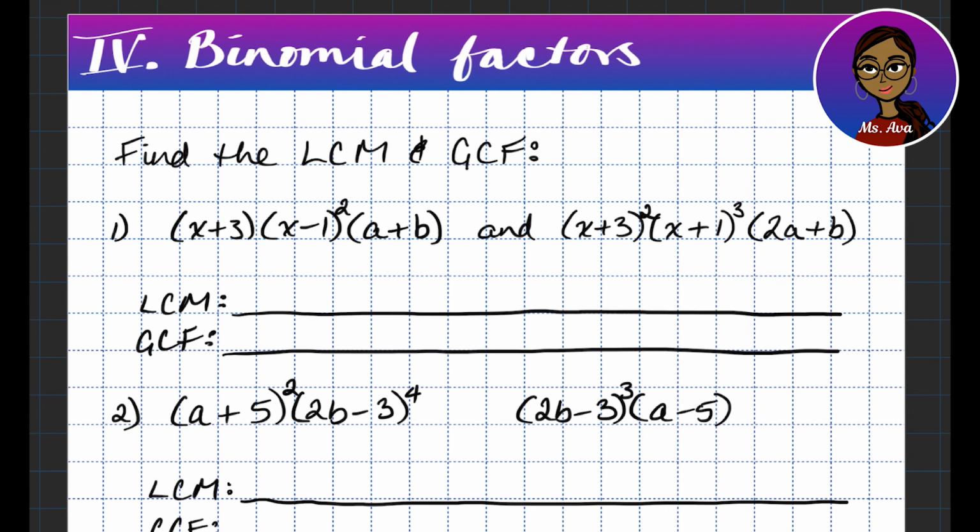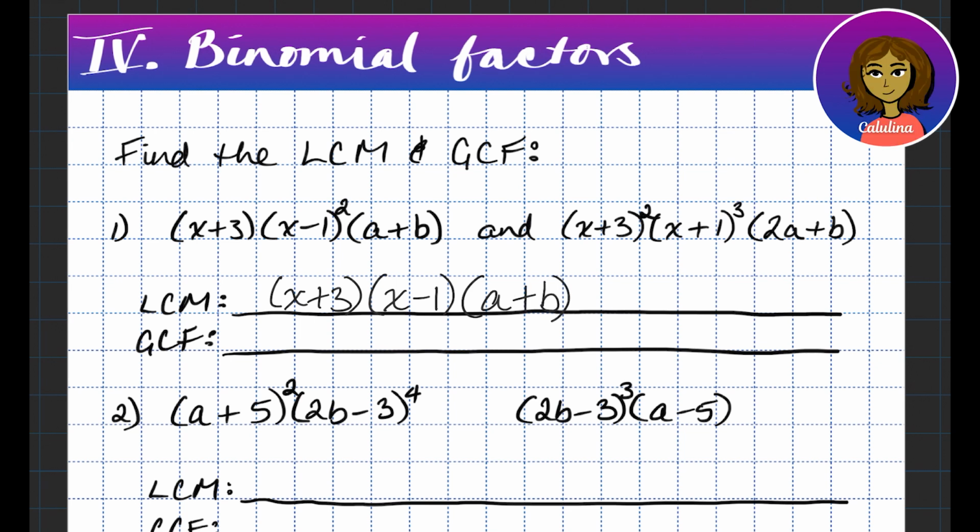Which bases can I write for the LCM here? You can write x plus 3. Perfect. Okay, then x minus 1. Yes. And a plus b. Awesome. And then, is that it?